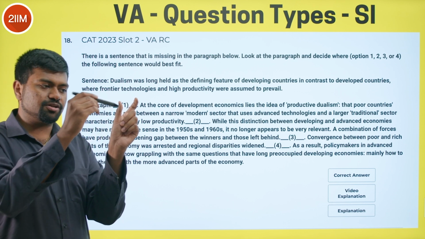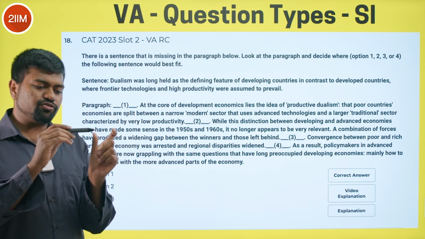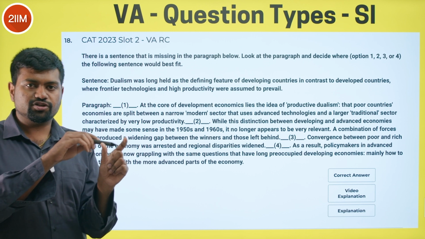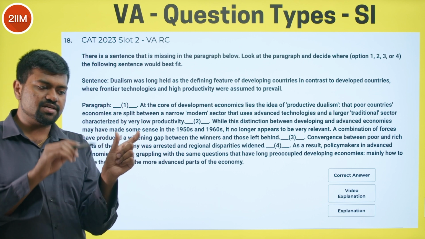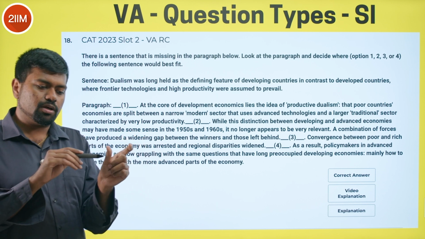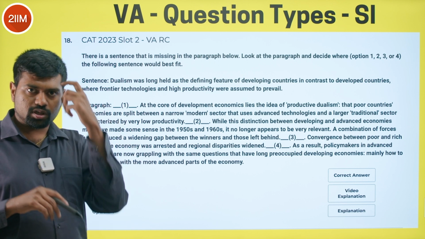If you're reading through a paragraph, sometimes you can almost predict, hey, okay, if the author is talking about, say, the refugee crisis in Syria, the next sentence should be maybe a statistic or a further elaboration of this.